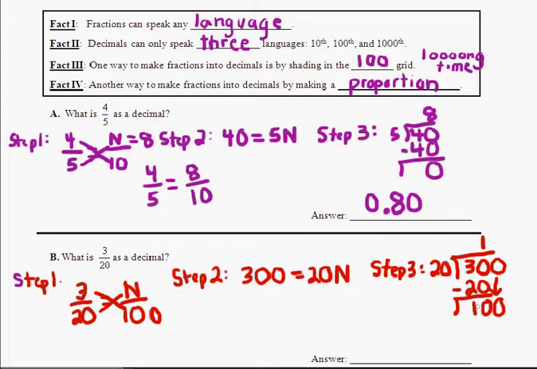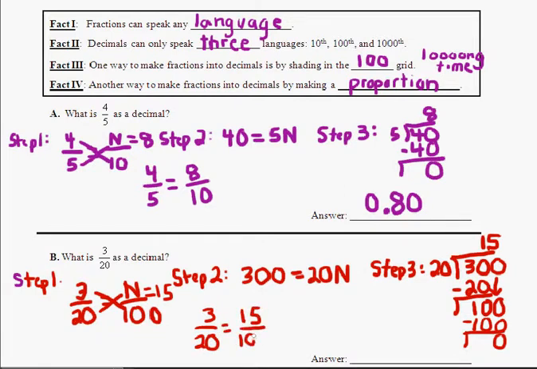Don't pass up 100. 20, 40, 60, 80, 100. Check this out. It goes in 5 times evenly. We do not have a remainder. The remainder is 0, which is exactly what we want. We found n equals 15, which means that 3/20ths equals 15 over 100.